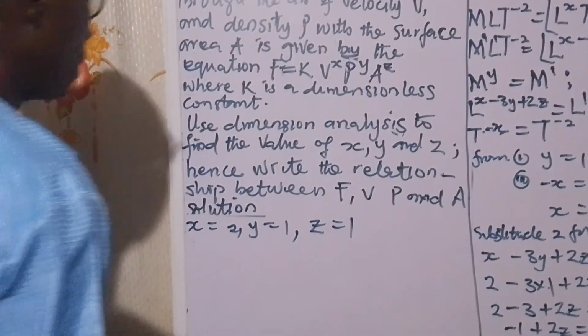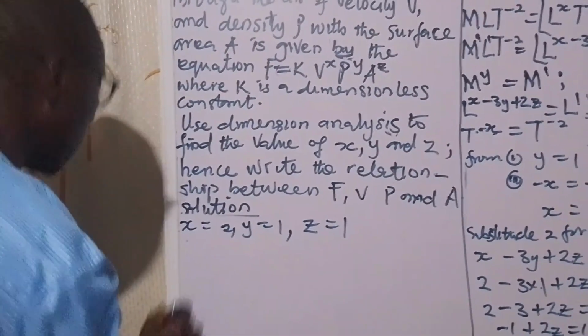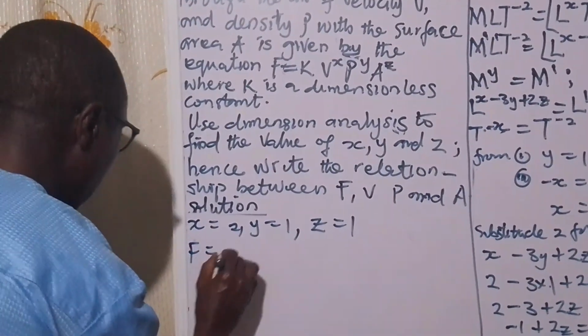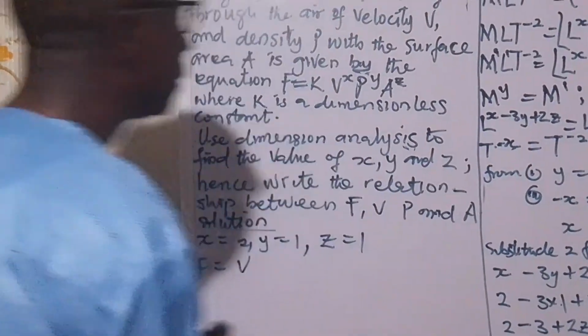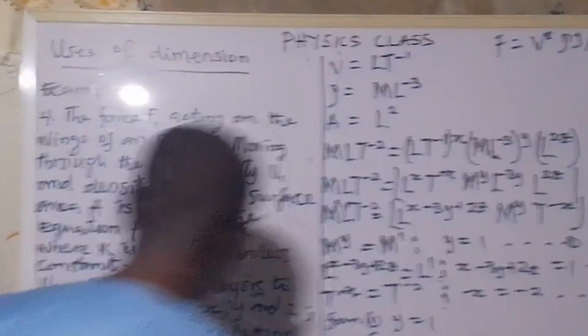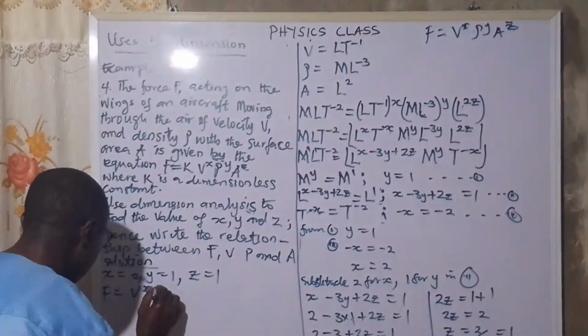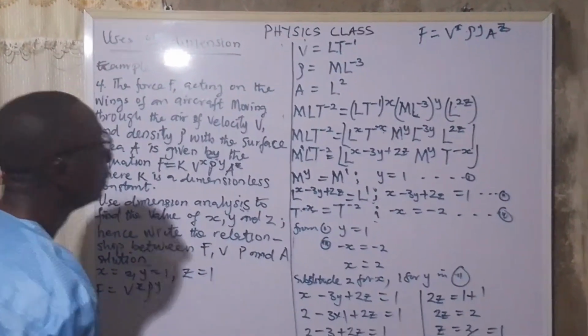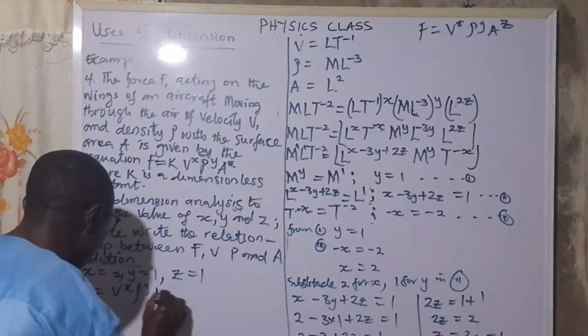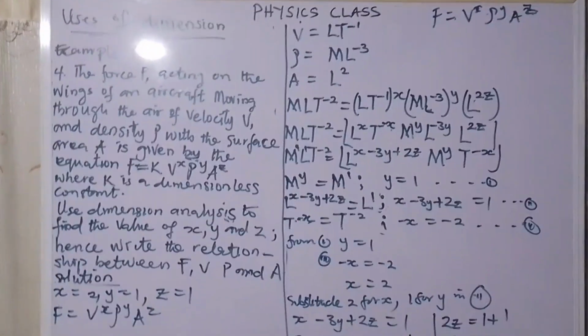Now from this equation, f is equal to v raised to power s, then density raised to power y, and area raised to power z. Let's put the values of s, y, z.